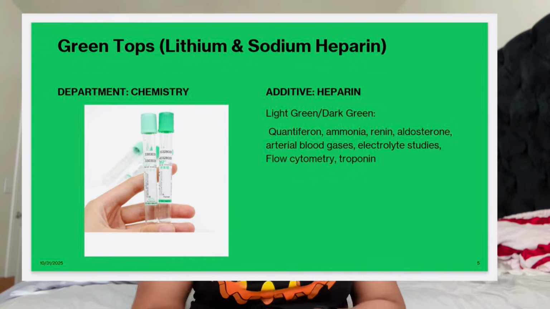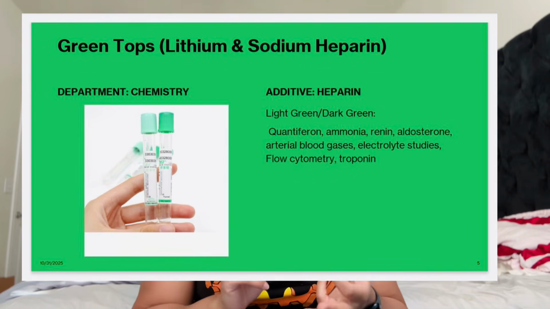Next on our list is going to be our green tubes, which is our heparin tubes. So we do have a light green and we do have a dark green. One is considered lithium heparin and the other is considered sodium heparin. The department for these is going to be chemistry, and the additive is going to be heparin.